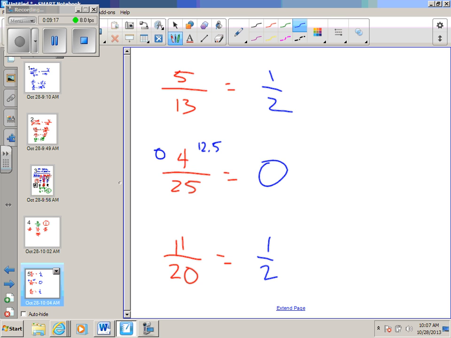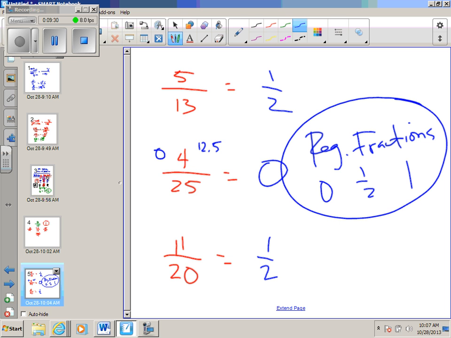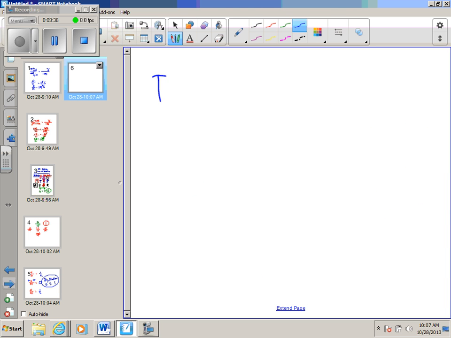Now those are for regular fractions. Okay, so for regular fractions, we use 0, half, or 1. Okay? Mixed numbers are a little bit different, but the concept is still pretty much the same.